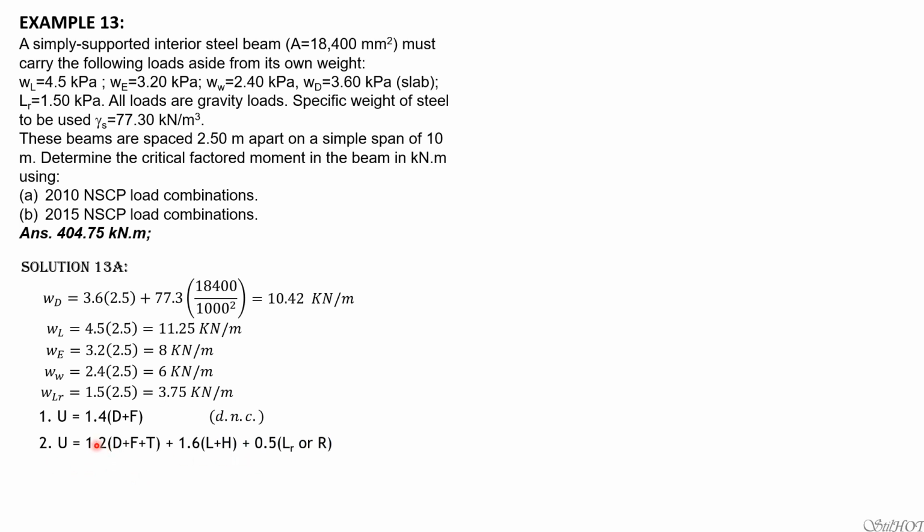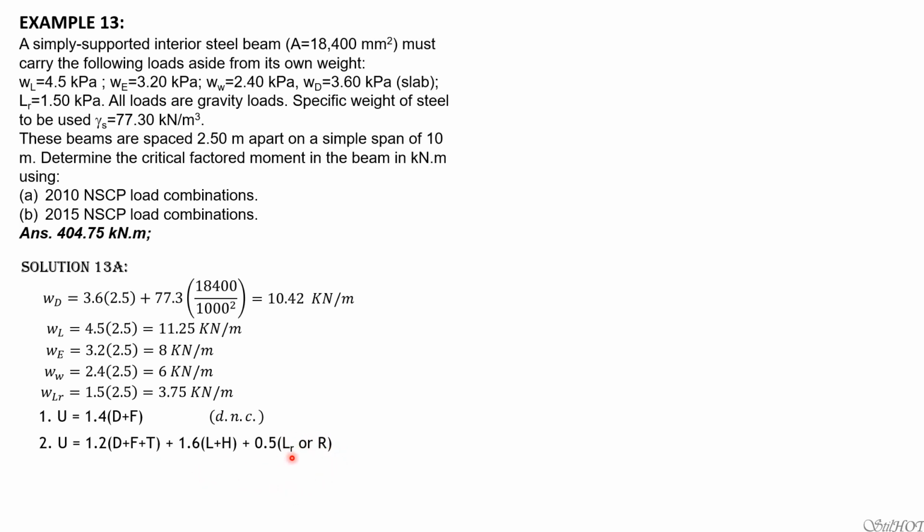Load combination 2, so there are so many terms, so we have to evaluate this. Although F and thermal are 0, here it's H, 0, lateral earth pressure, and here 0.5 of roof live load. There's no rain load, but if there is rain load, then use the higher of the roof live load or the rain load.